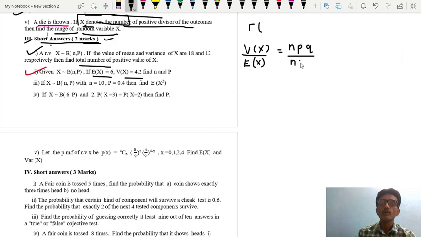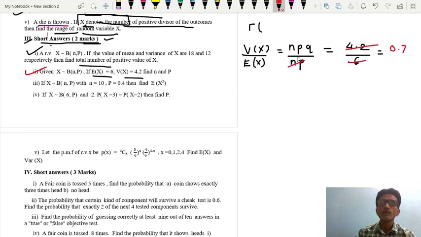E(x) is np. Now what is given here? V(x) is given as 4.2, and E(x) is given as 6. So if we cancel this, it will become 0.7.